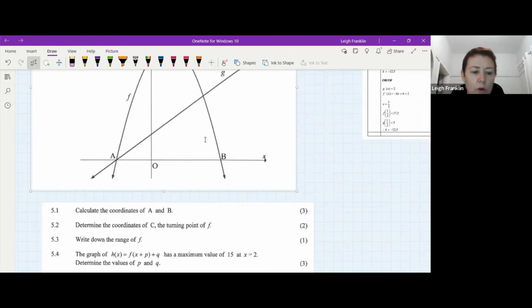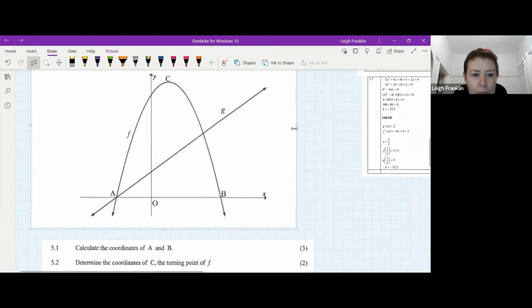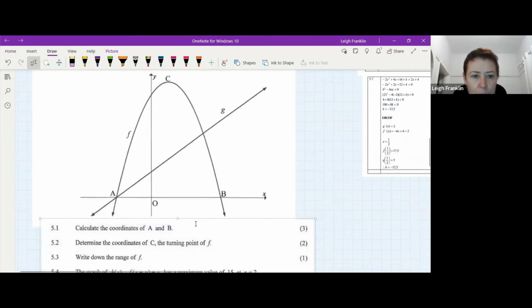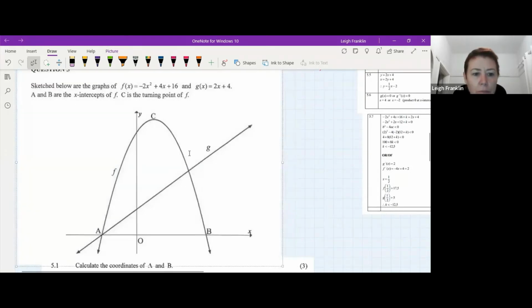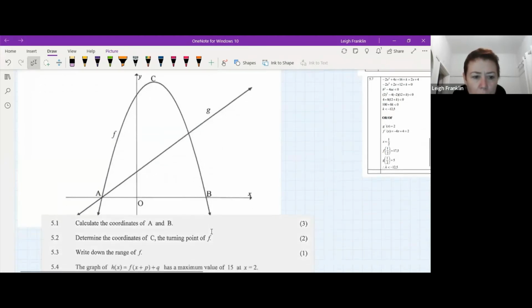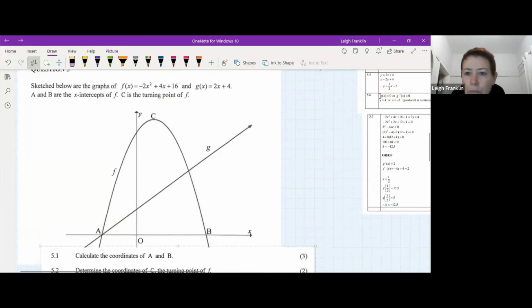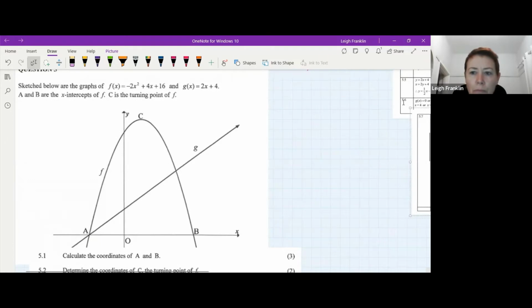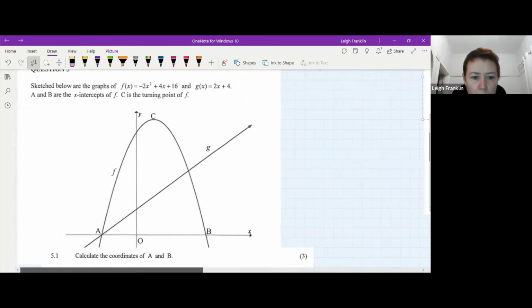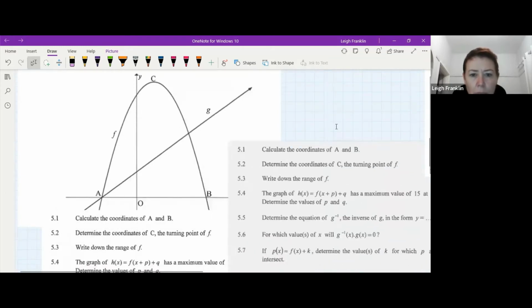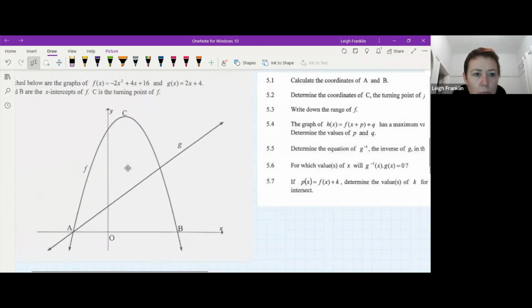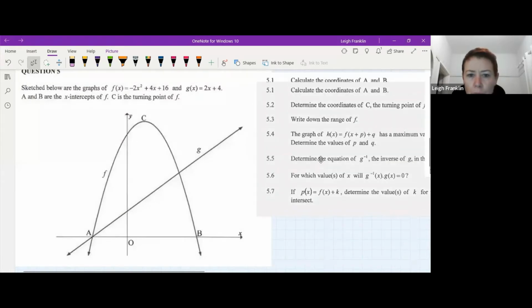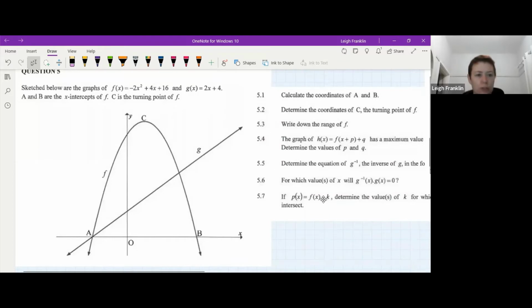We'll mark our answers and then we'll go on to 5.4 together. There we go. Now you guys should be able to see that a little bit better.